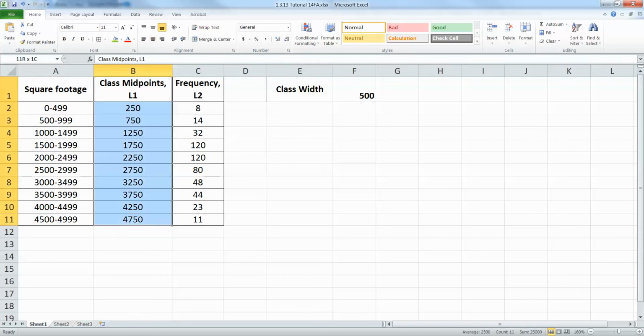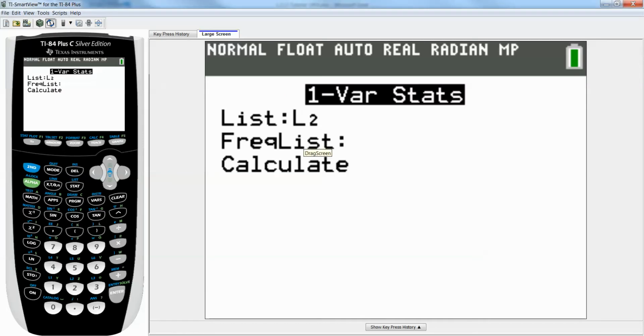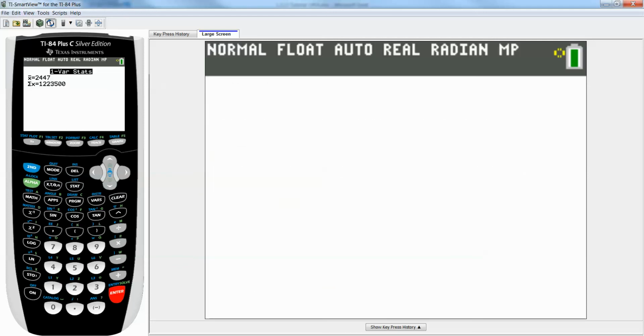So this was the midpoints, that's my data, this is my frequencies. Literally frequency, because it's a frequency distribution. So I want second 1 for my list and second 2 for my frequency list. Go down to calculate and press enter.